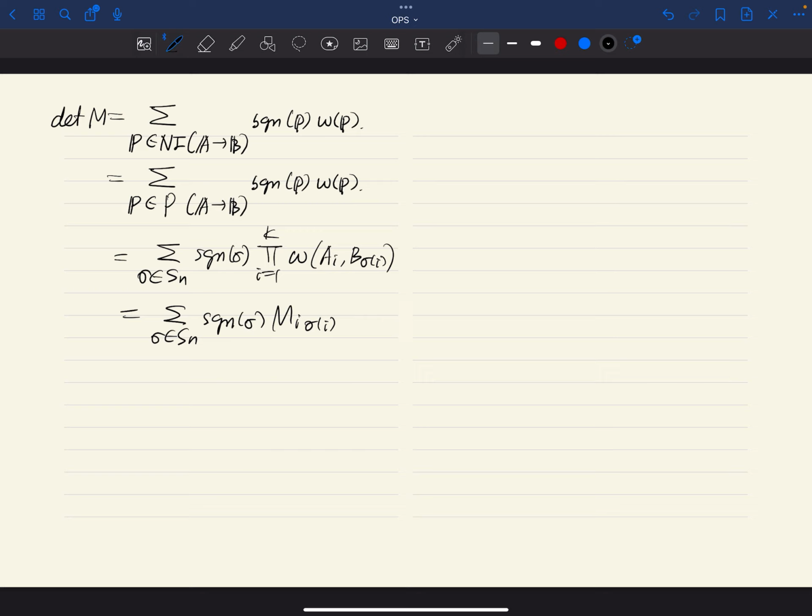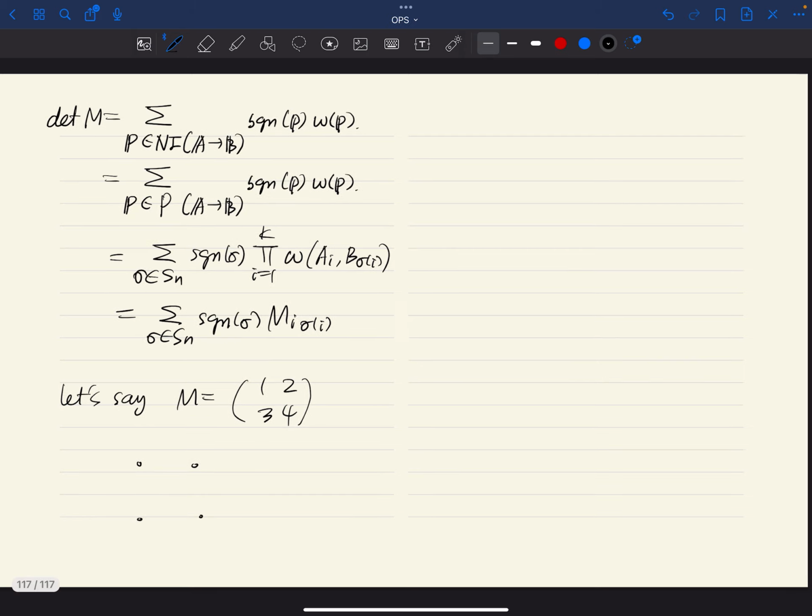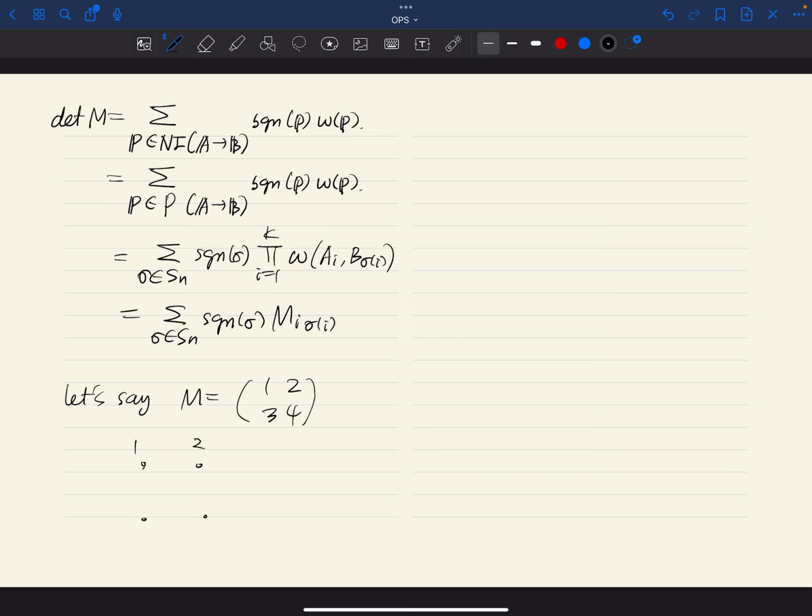Just let's say, for instance, M equals 1, 2, 3, 4. Then the determinant of M has a combinatorial meaning. It's a little confusing, so let's say A, B, C, D. We have edges like that, with vertices A1, A2, B1, B2.